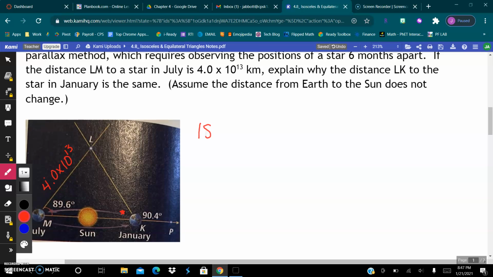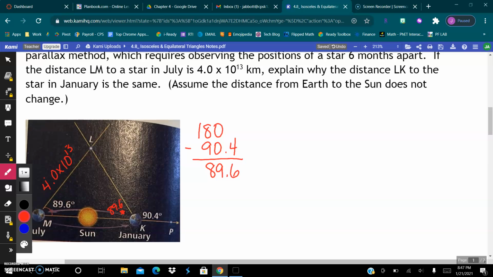So we're going to do 180 minus 90.4, and when we do that, we get an answer of 89.6. So that angle I just starred is 89.6 degrees. And that is the exact same as the other angle over there that was given, angle M.